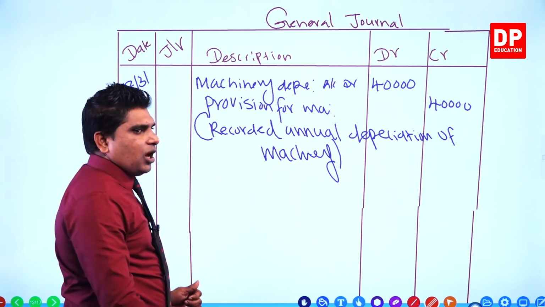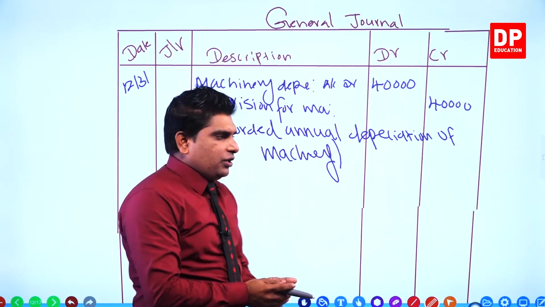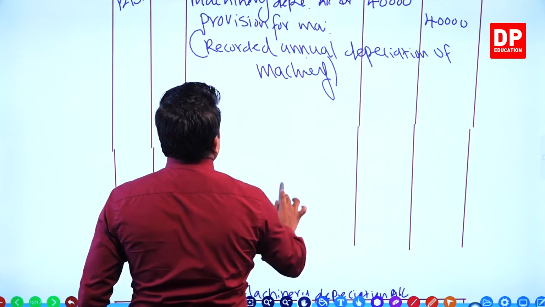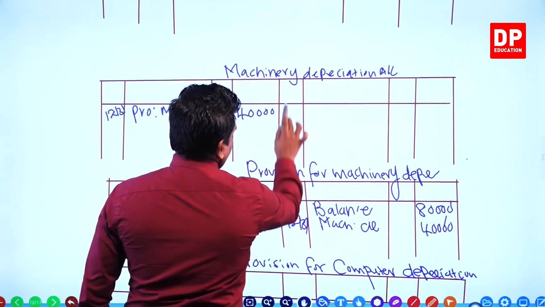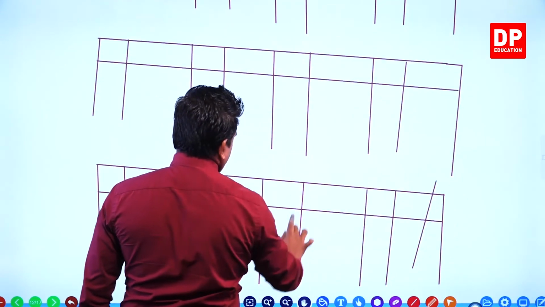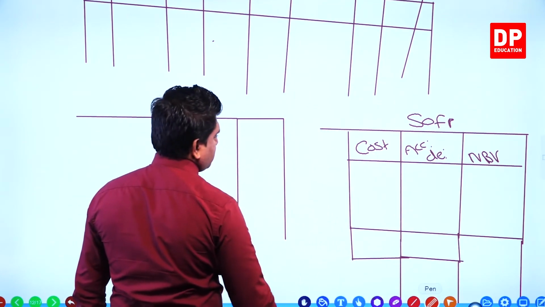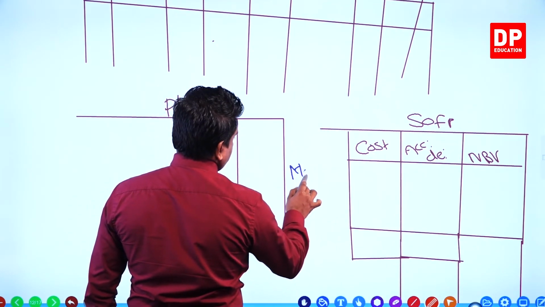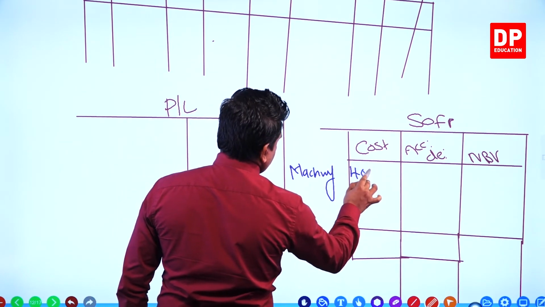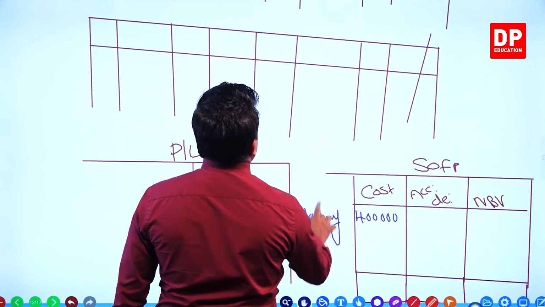Right. Now we go to the financial statement part. There you write machinery, how much? Machinery 400,000. Do you remember the accumulated depreciation account balance of the machinery?